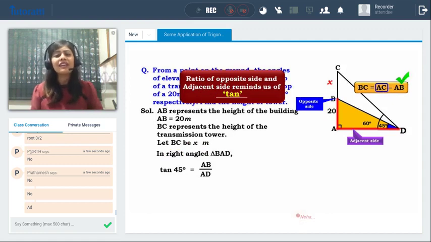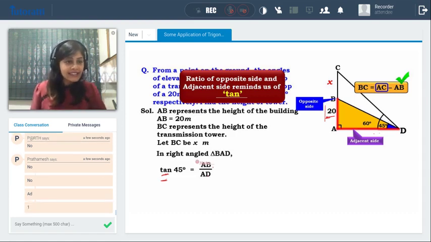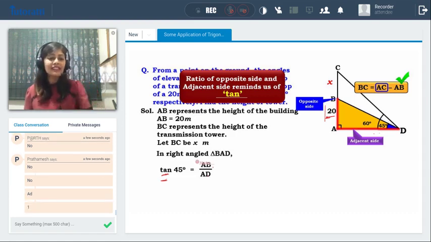Now in this triangle, students, we have an opposite side known to us. We have to find the common side, which is the adjacent side. Ratio has to be tan, right? So we're talking about tan ratio out here. Now, tan we know is opposite upon adjacent, AB upon AD. Tan 45 we know. Yes, students, what is tan 45? Quick. Yes, it's 1. Excellent, that's correct.